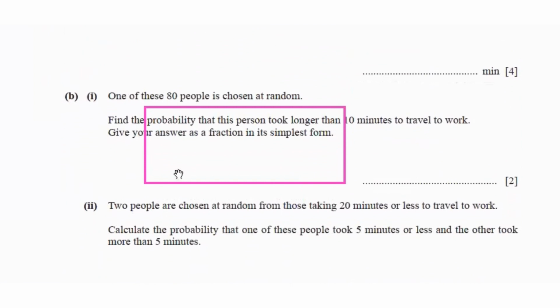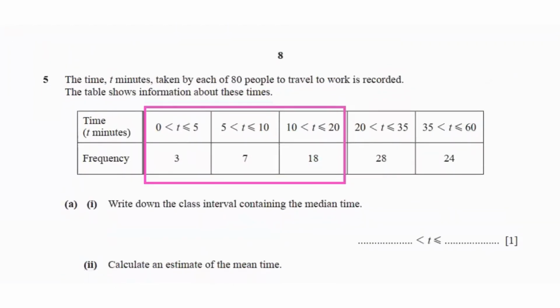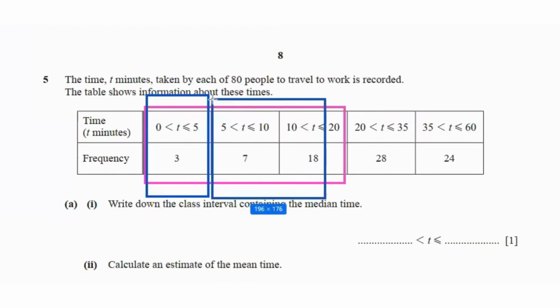And then calculate the probability that one of these people took 5 minutes or less and the other took more than 5 minutes. So 5 minutes or less is this, and more than 5 minutes is this.